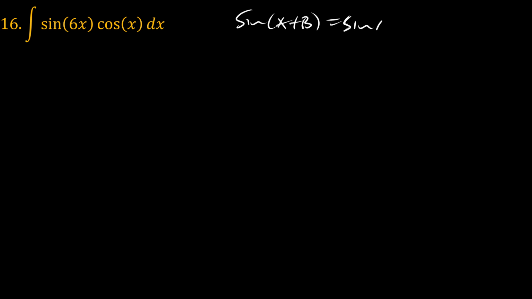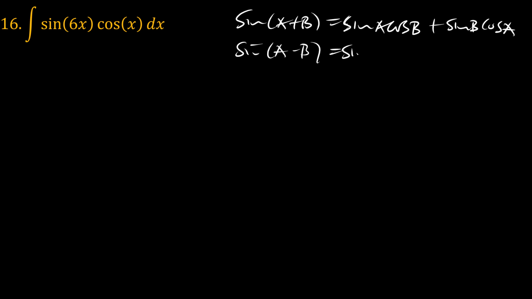Problem number 16 happens to be the indefinite integral of sine of 6x times cosine of x. Now, we all know that sine of a plus b is equal to sine of a cosine of b plus sine of b cosine of a. Sine of a minus b is equal to sine of a cosine of b minus sine of b cosine of a.